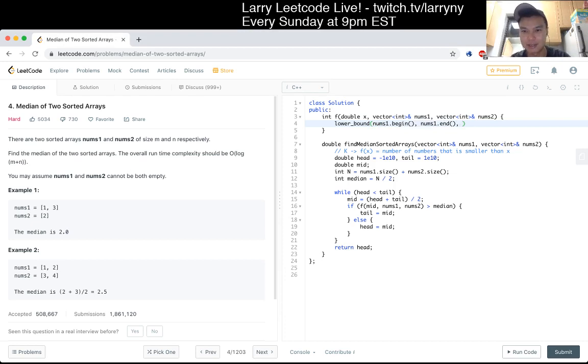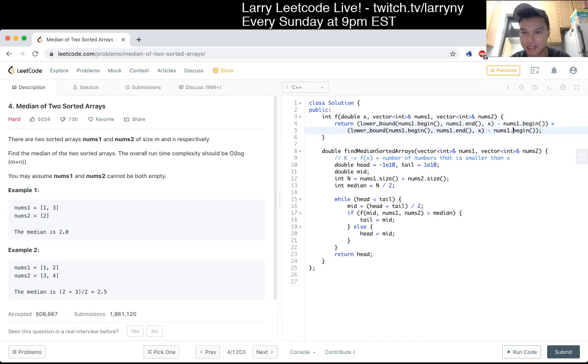Oh, X. Oh, minus. At this stage, I'm just trying to get something up and running, even though I know this may be very prone to off by ones. Let's see how that happens.